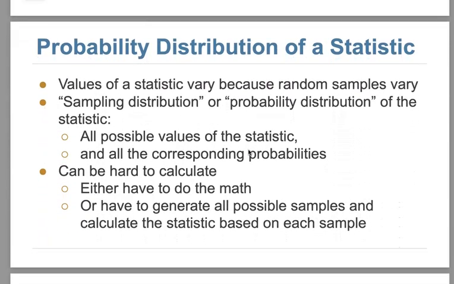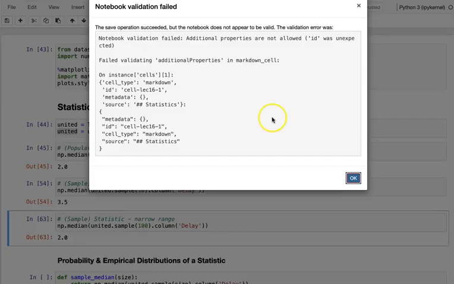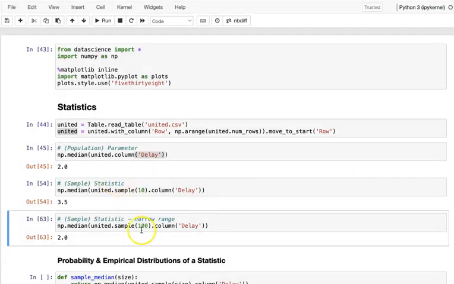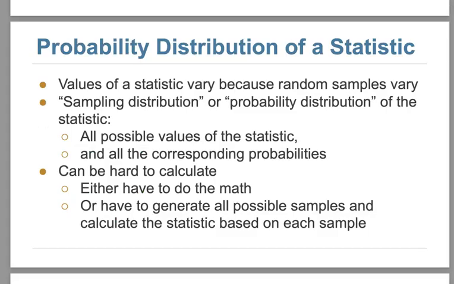Earlier I showed you the sample size can be 10, can be 100. Every time I run it, I have different data. Those data we call a probability distribution. The value of a statistic varies because the random sample varies.